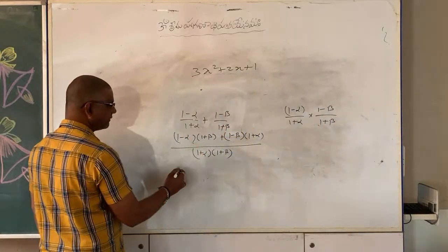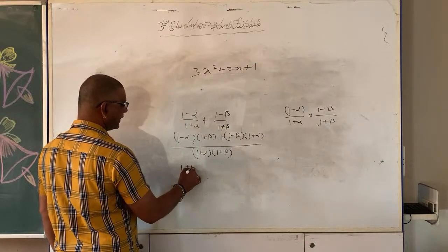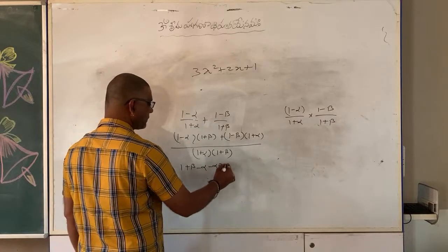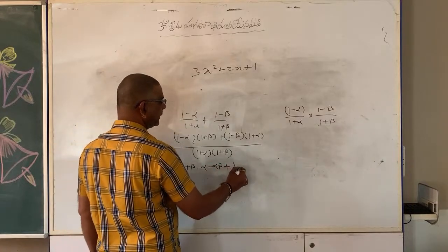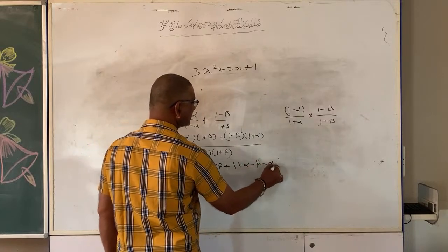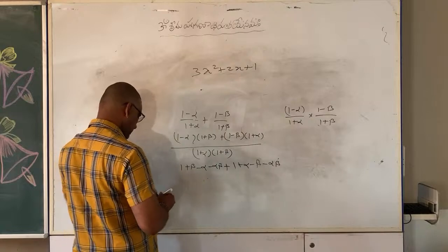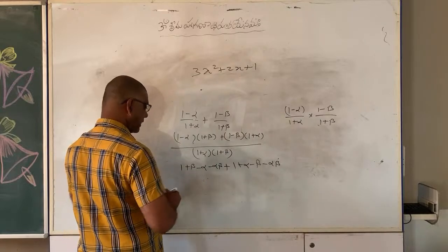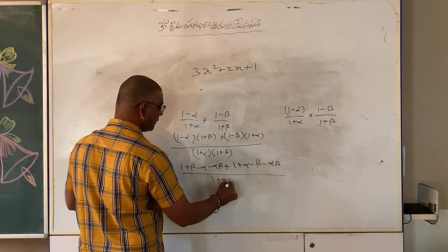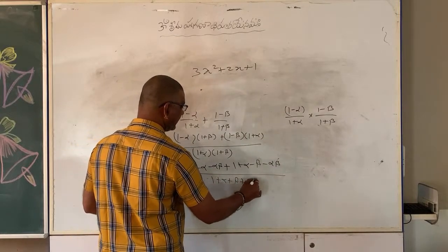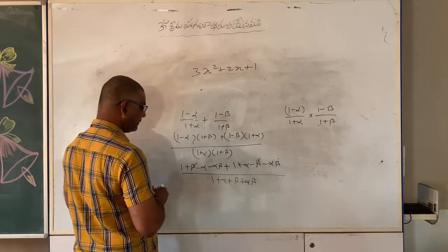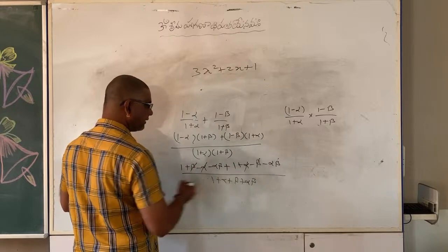Then simplify. 1 plus beta minus alpha minus alpha beta plus 1 plus alpha minus beta minus alpha beta by 1 plus alpha plus beta plus alpha beta. Now here we can cancel beta, we can cancel alpha.